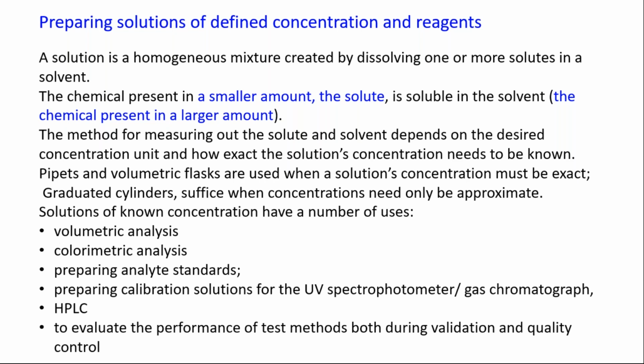And these type of solutions of defined concentration are required in almost all the analysis that we carry out in the laboratory, be it volumetric, colorimetric, preparing standards, whether it is HPLC, LCMS-MS, GCMS-MS, or UV visible spectroscopy, we need to make a solution of a known or a defined concentration. So it is very important that we learn how to make these solutions and we know all the calculations.